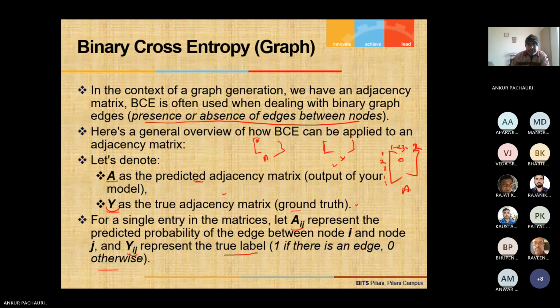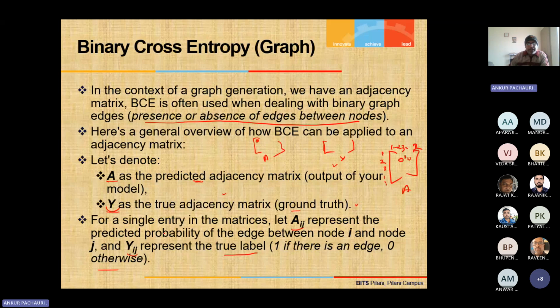So if at this point we have 2, 3, the single entry of this matrix, A23, what does it represent? It represents the predicted probability of an edge between node 2 and node 3 of the graph.